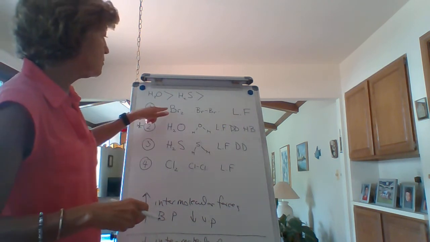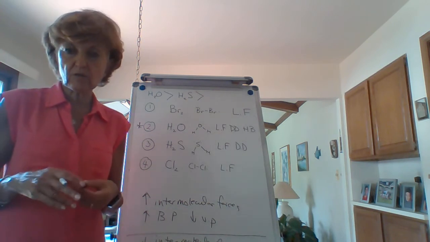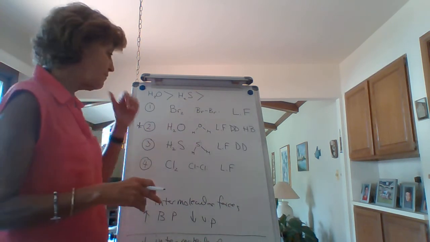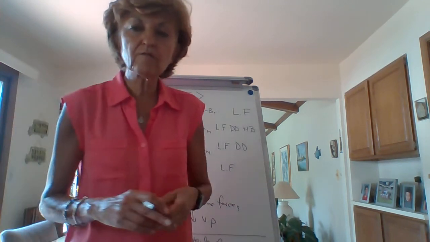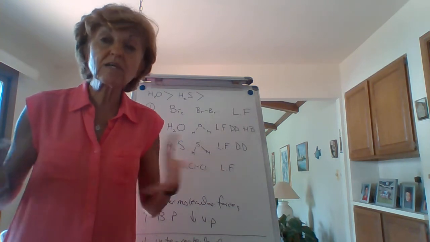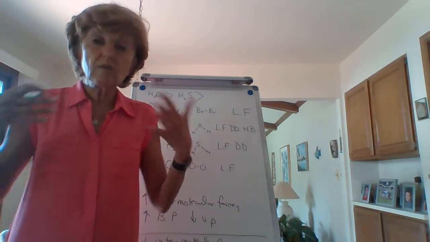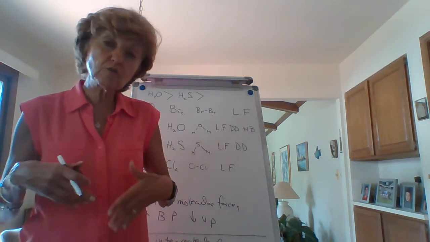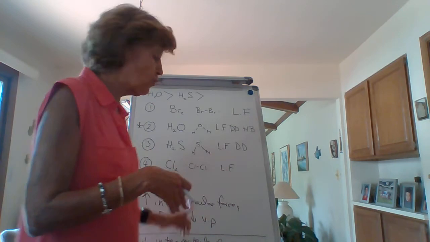Okay, now it gets tricky. You can see that the bromine and the chlorine both have the exact same intermolecular force. They both have London force. Do you guys remember in the previous video, what did I tell you London force was affected by? It's affected by size. The bigger the size, the bigger the surface area, the bigger the molecular weight, the more the London force is. So if you look at your periodic table, bromine is heavier than chlorine.